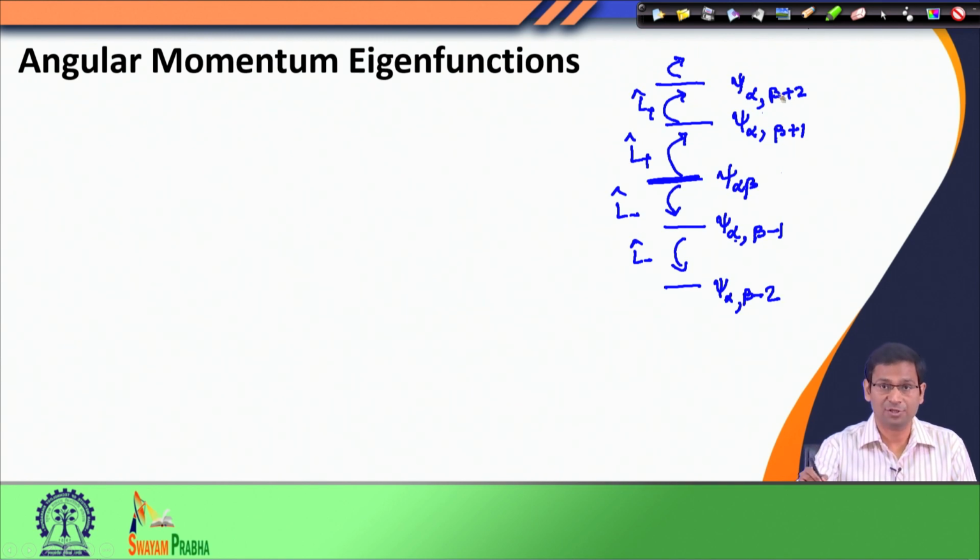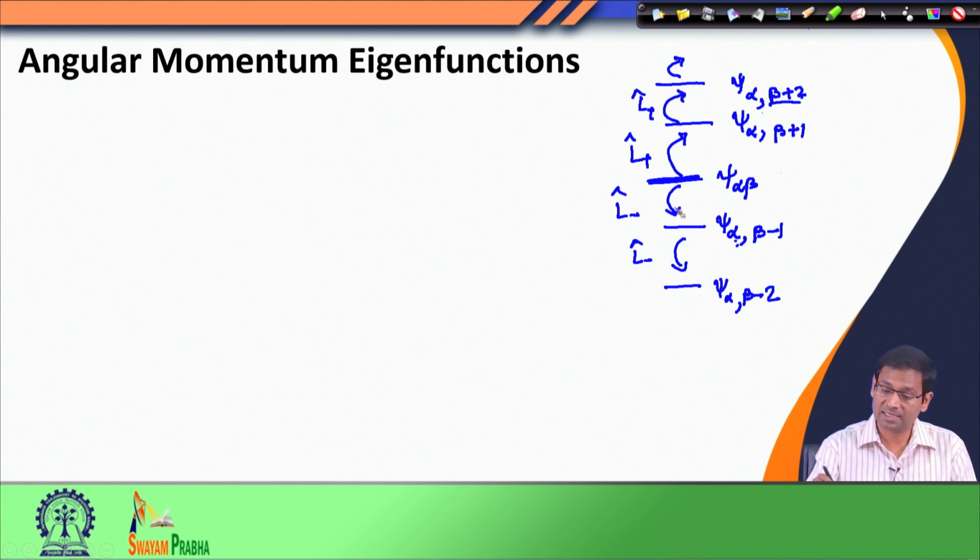All these functions are eigenfunctions of the L square operator with the same eigenvalue, alpha square h bar square, as shown by the index alpha, which is not changing. But they are eigenfunctions of the Lz operator with different eigenvalues: beta plus 2 times h bar, beta plus 1 times h bar, beta times h bar, and so on and so forth.